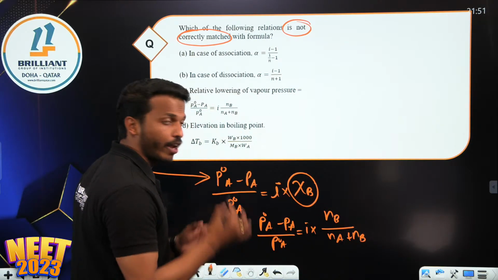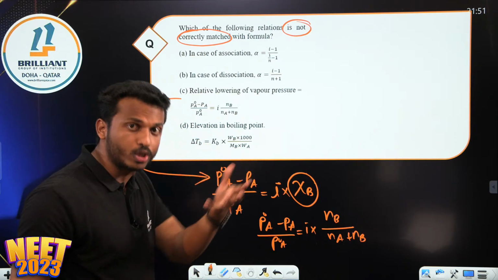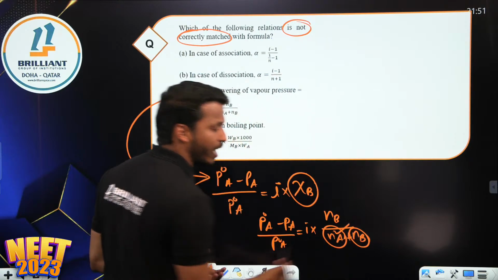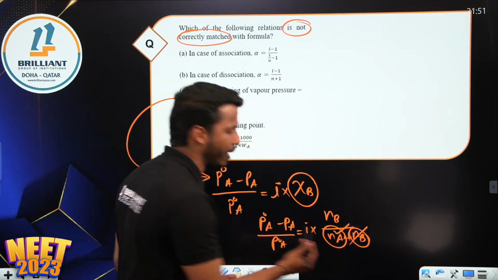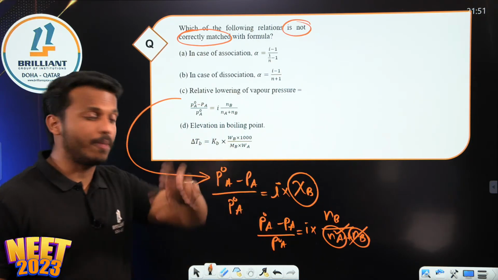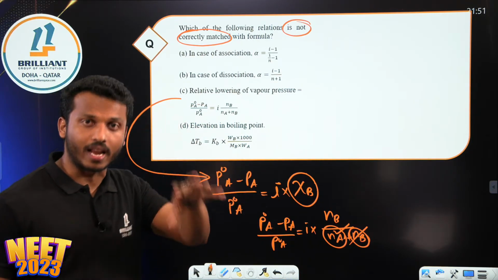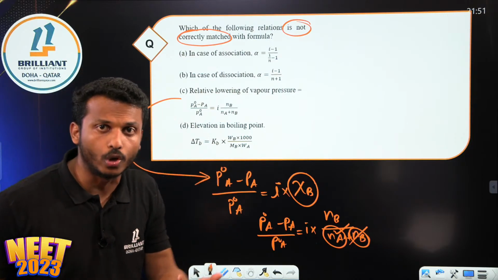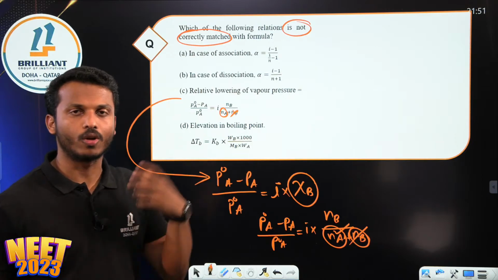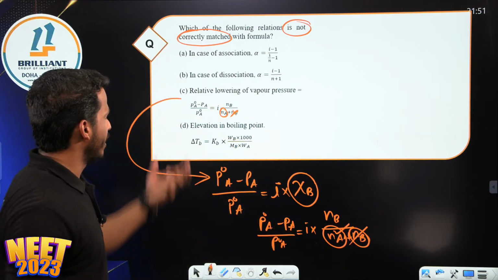But normally for a dilute solution, when you compare NA and NB, NA is very much greater, therefore we cancel NB. But this is correct, dear all. It's chi B, NB divided by NA plus NB, that's the correct one. Because of a dilute solution, NA is greater, therefore we are neglecting NB. But don't think it's a wrong one. So that's a correct statement.